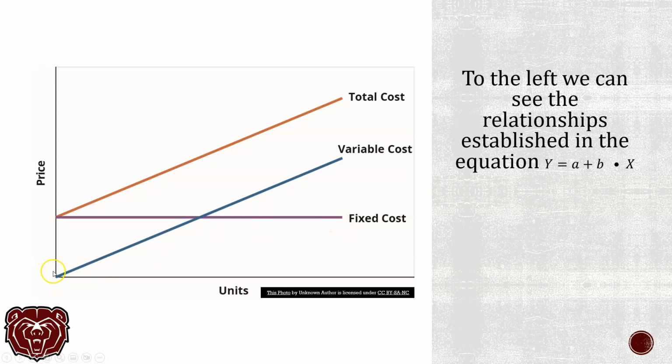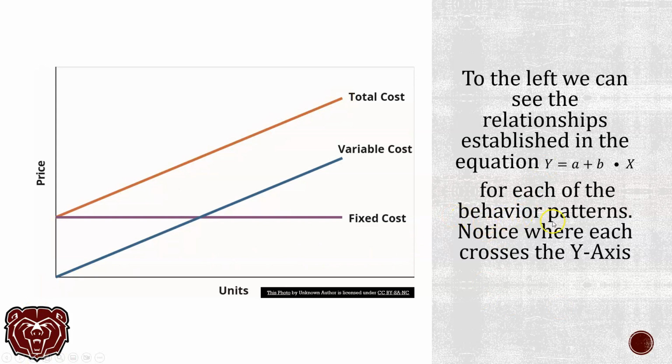Variable costs start at 0, where it intercepts our y-axis, and it is going to increase with the level of activity. And then total costs, or your mixed costs, are going to start out at whatever your fixed cost is. That's going to be where it intercepts on the y-axis, and it's going to increase with the number of units produced.